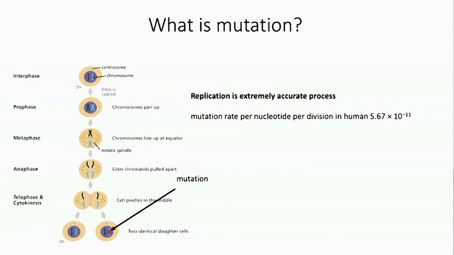And surprisingly, cell division, DNA doubling, is an extremely precise process. At least if we're talking about germline, if we're talking about cells that became gametes, the mutation rate per base pair per division is extremely, extremely low.